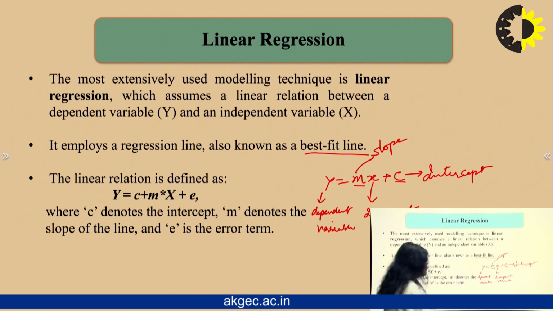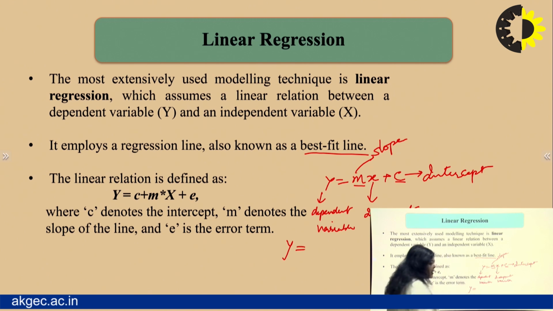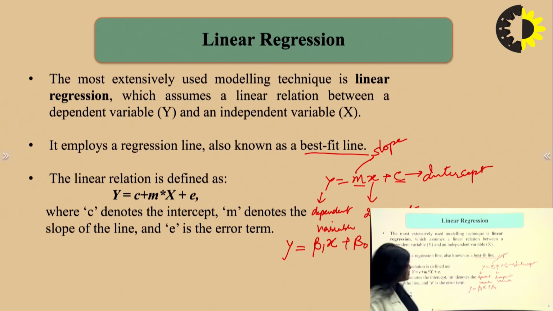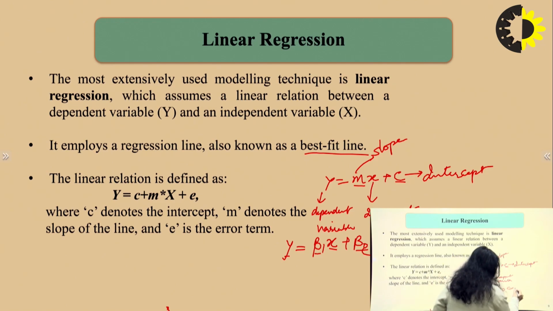In linear regression modeling, we use the same kind of equation, but it is written in a different way. Usually you will have an equation for the linear regression model as y equals beta 1 x plus beta naught, right? Again, x and y are the independent and dependent variables, and beta 1 and beta naught are nothing but the coefficients.